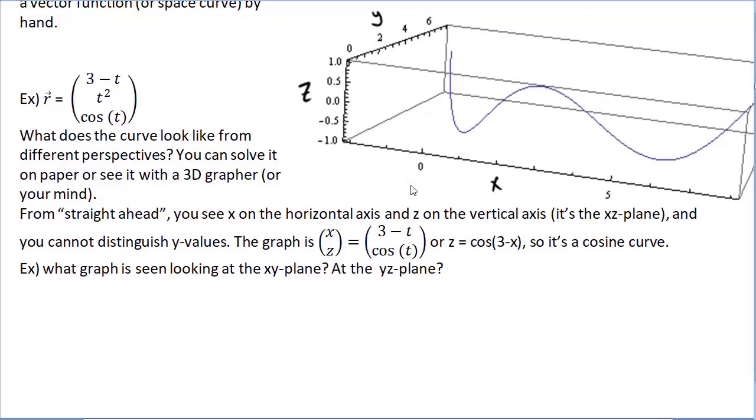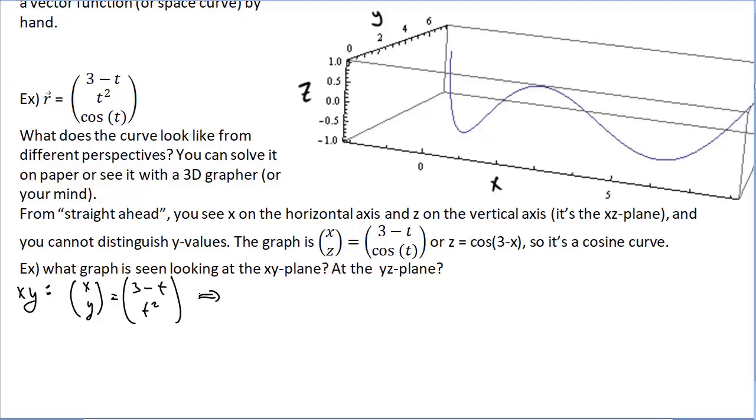So what about from these other perspectives? What about the xy perspective? Well, written out as a formula, xy would equal 3 minus t, and t squared.